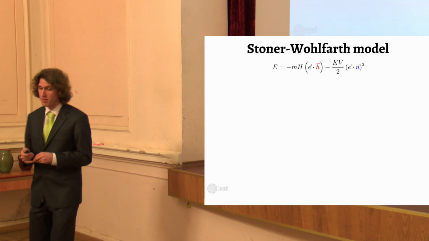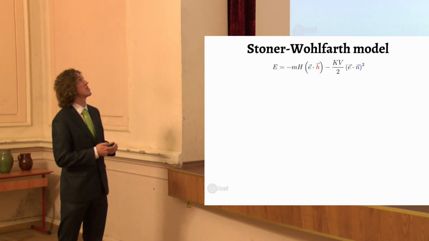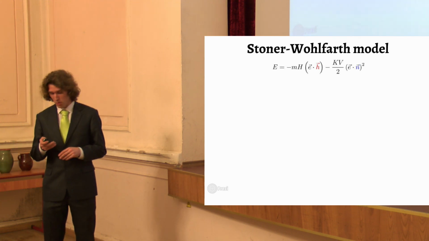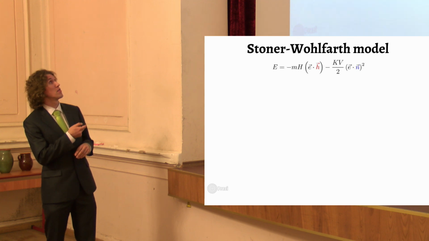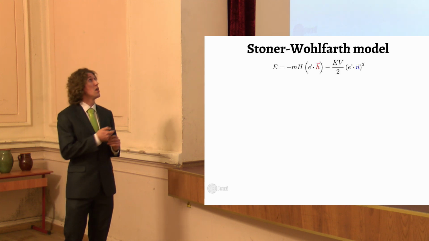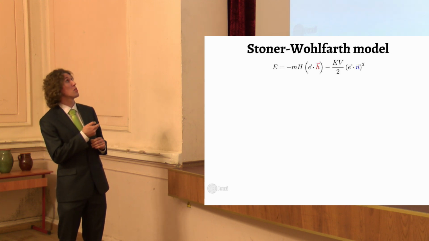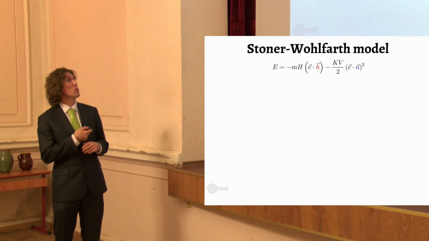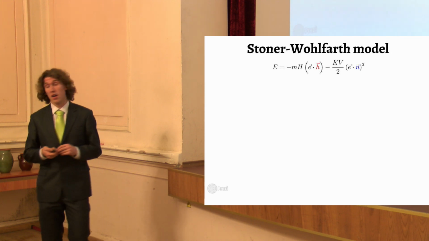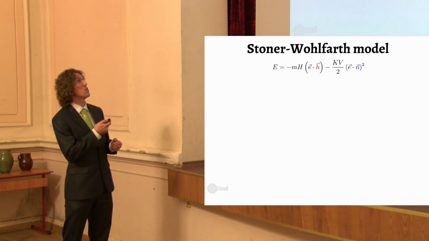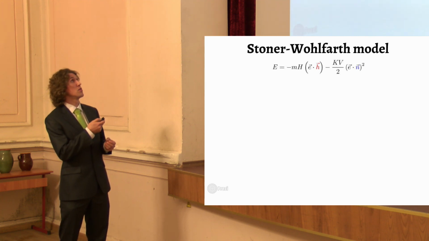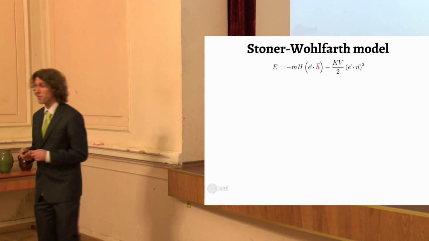What I started with is the Stoner-Wohlfarth model, which has two parts. The first part is the magnetic part, where a magnetic particle with magnetic moment in the direction E wants to rotate to the direction of the external magnetic field.